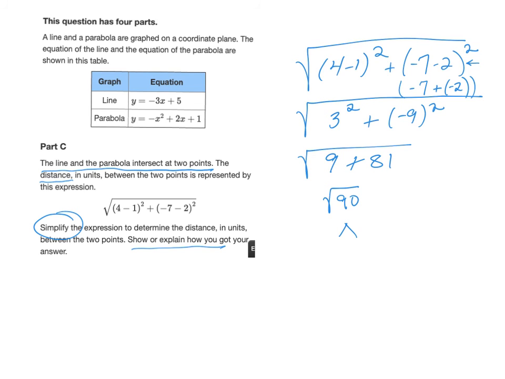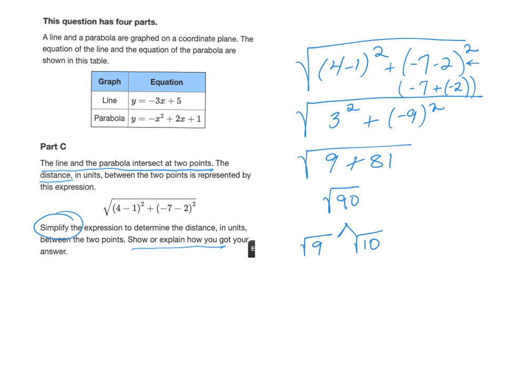When we're trying to simplify a square root, we're trying to pull out as many perfect squares as possible. We do that by factoring. So this is the same as the square root of 9 times the square root of 10, because 9 times 10 is 90.